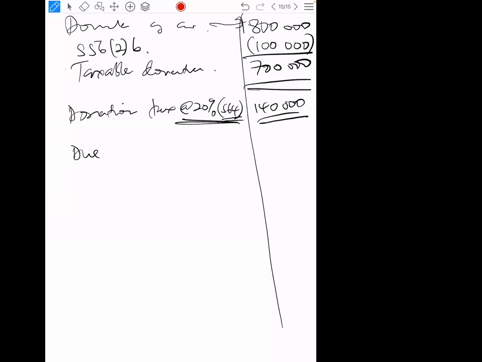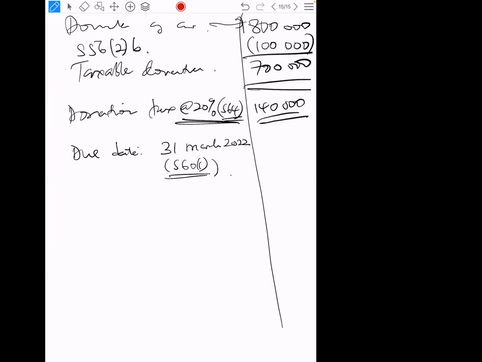Then I would say due date, 31 March 2022. I'll quote section 61. It is the one that says, before the end of the month following the month in which the donation was made, this donations tax should be paid over. Okay, that's how we work these things out.